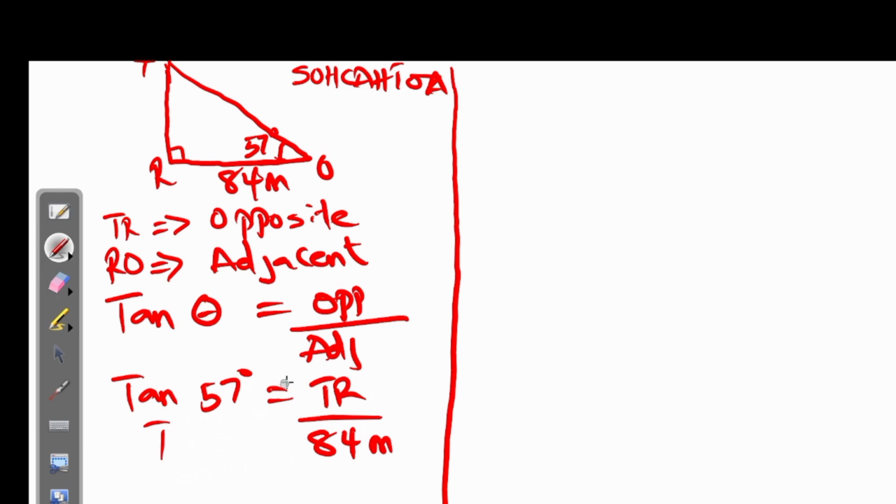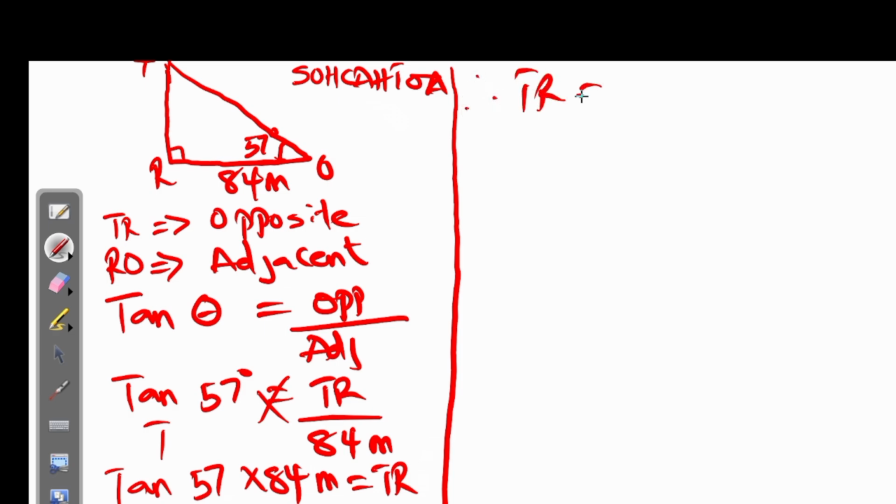If I cross multiply, tan 57 times 84 meters is equal to TR.